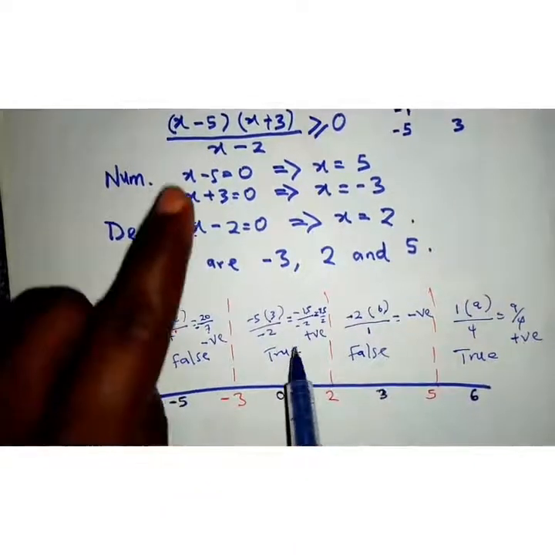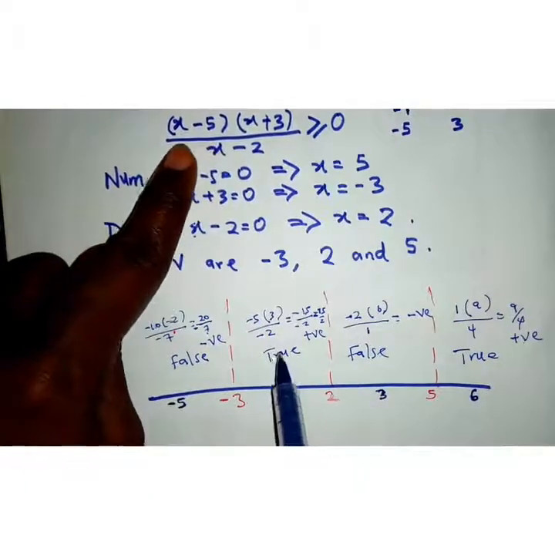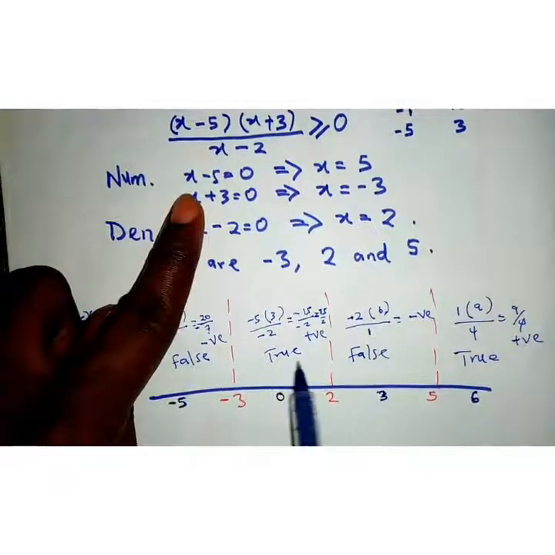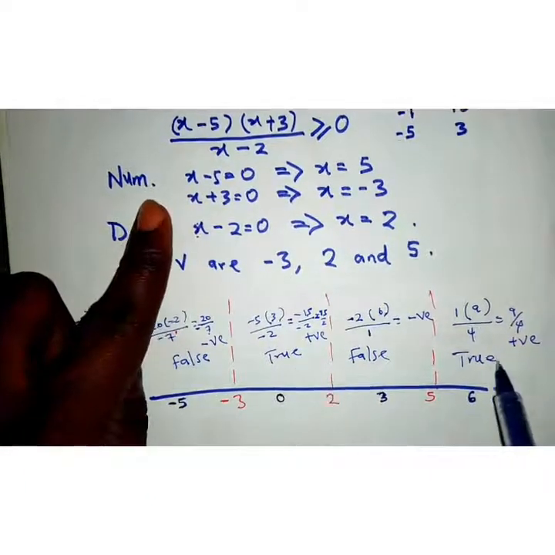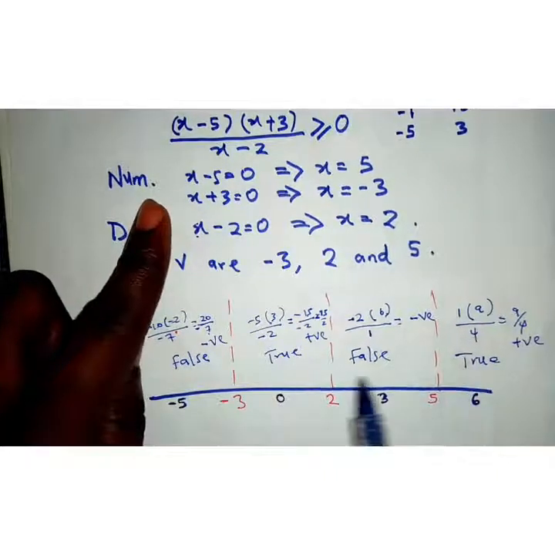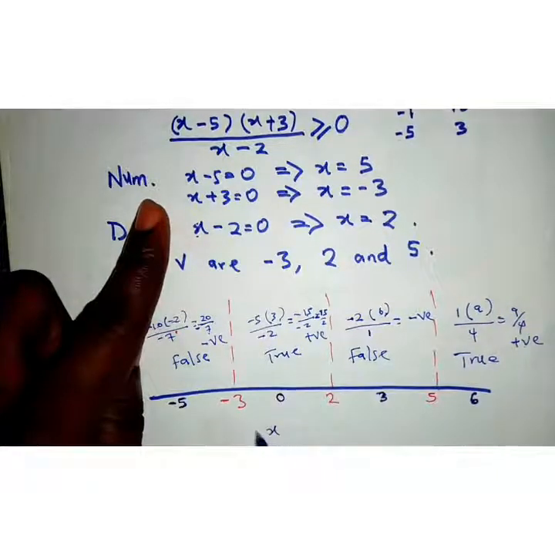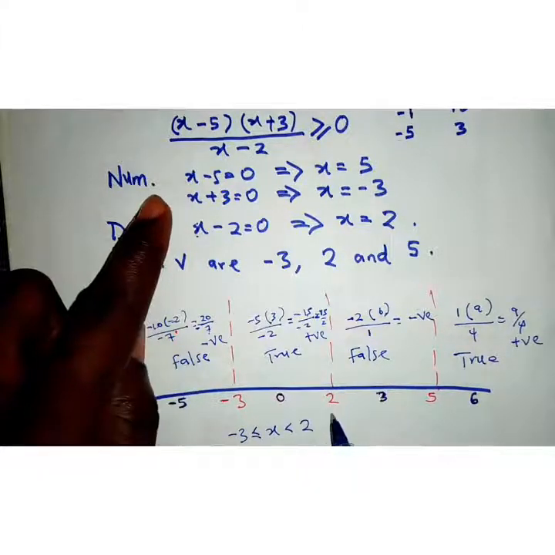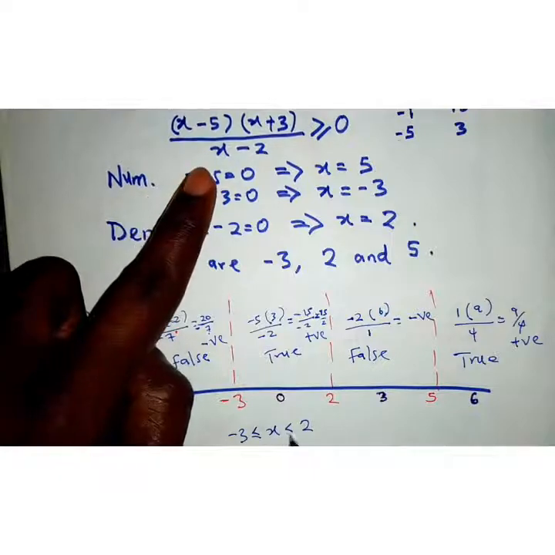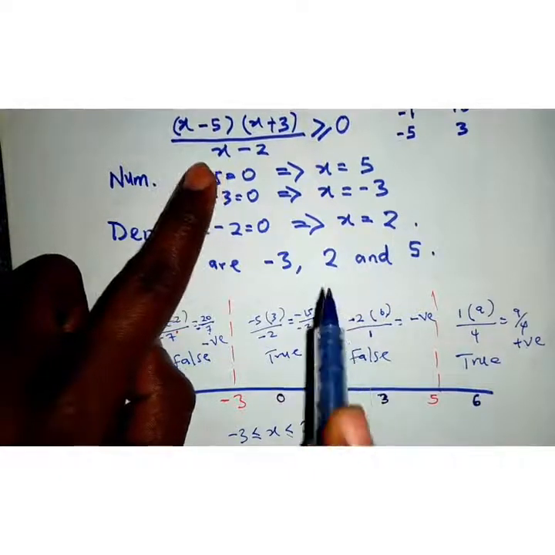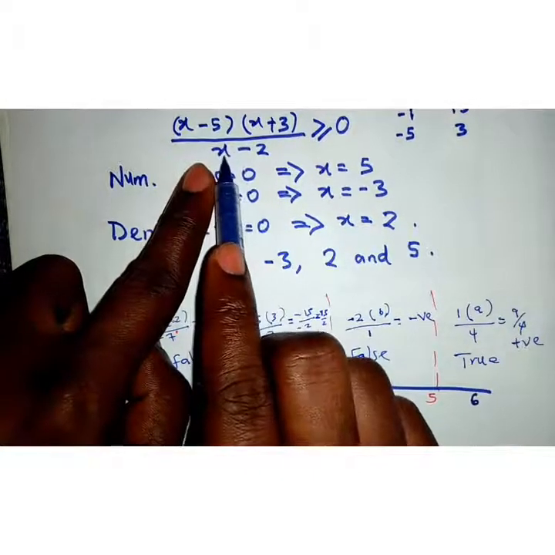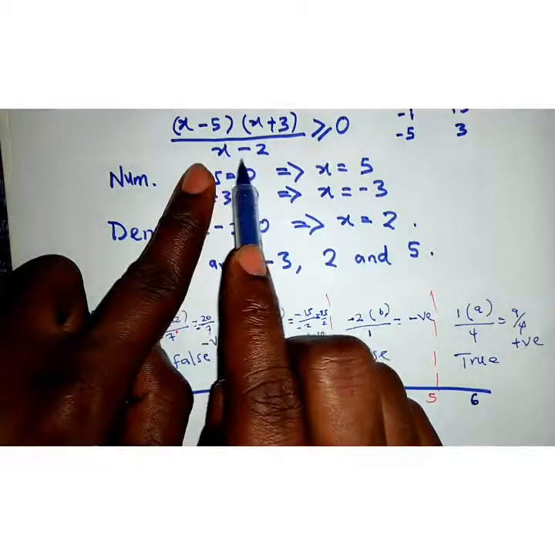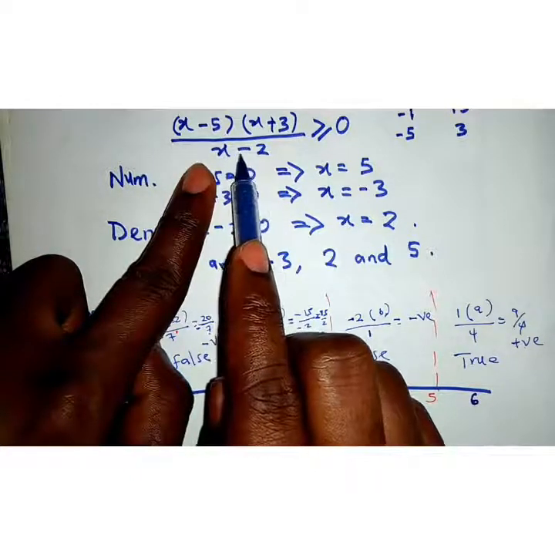So the values of x that satisfy this inequality lie in this interval and this interval. So we have x lying between minus 3 and 2. Observe that we cannot include 2, because if we put 2 for x in our denominator, we have 0, and division by 0 is impossible.